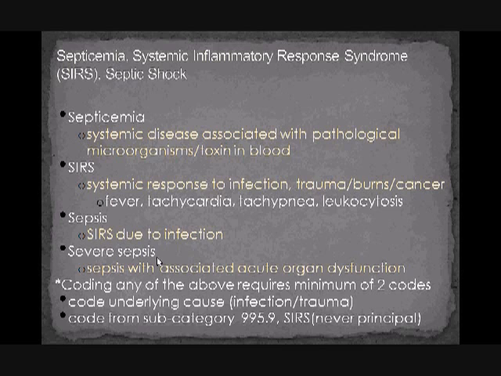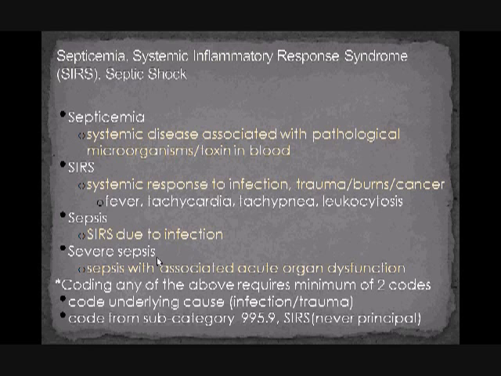Sepsis, excuse me, is the systemic inflammatory response that is due to an infection. And also severe sepsis, which will obviously be the advanced stage of sepsis, but specifically with acute organ dysfunction, and that's a very important item to remember. There must be an organ dysfunction.